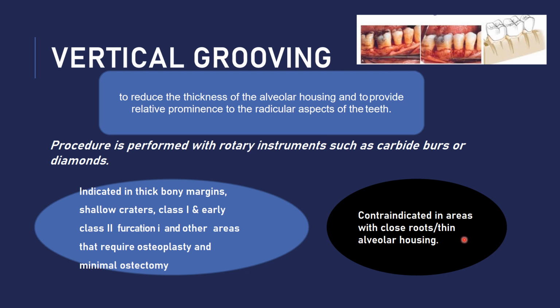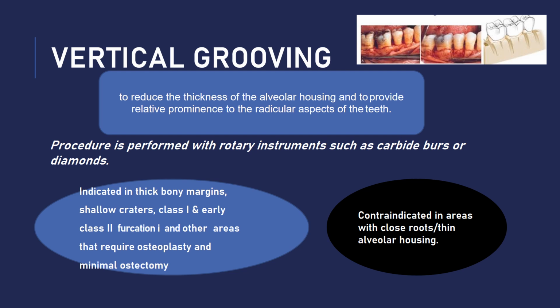This will be contraindicated in areas with close roots and thin alveolar housing. You cannot do it there. So it is indicated for thick bony margins or shallow craters, class 1 and class 2 furcation involvements, and other areas that require just osteoplasty and not osteectomy, especially when we are doing the festooning of alveolar bone.